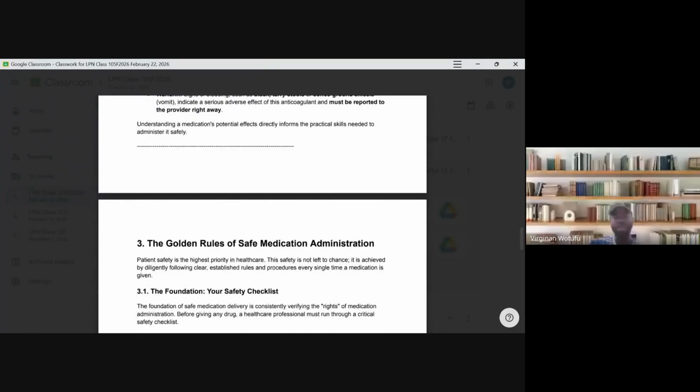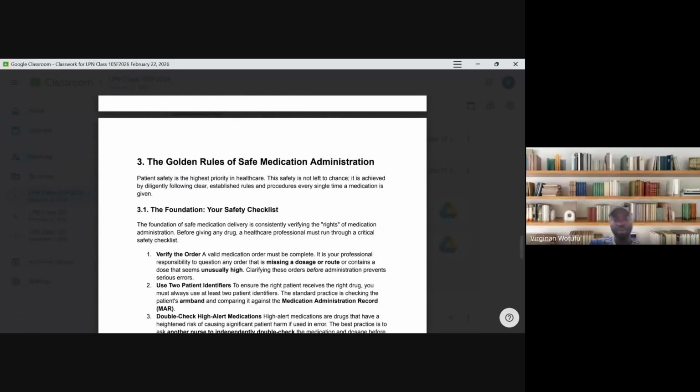So now let's take a look at the golden rules of safe medication administration. With medication administration, we need to understand that there are safety checklists we must always adhere to or pay close attention to. One of them is to verify the order, right?